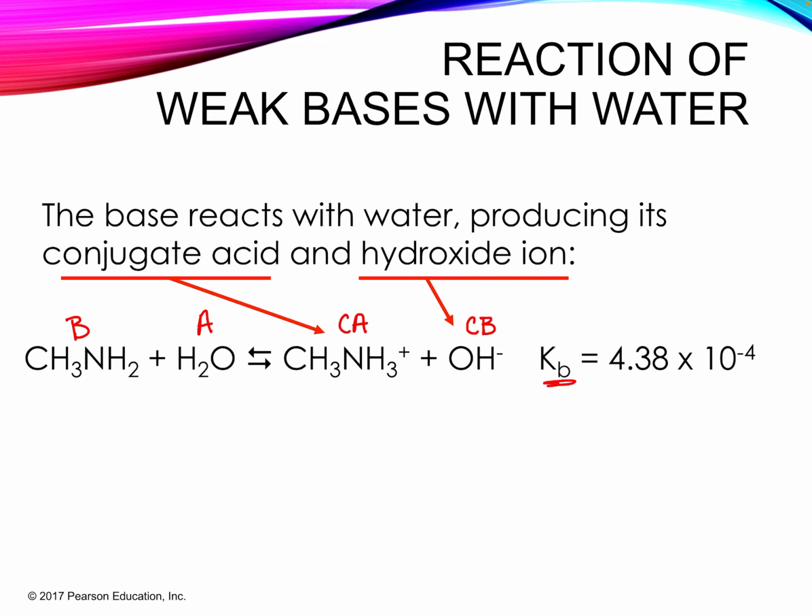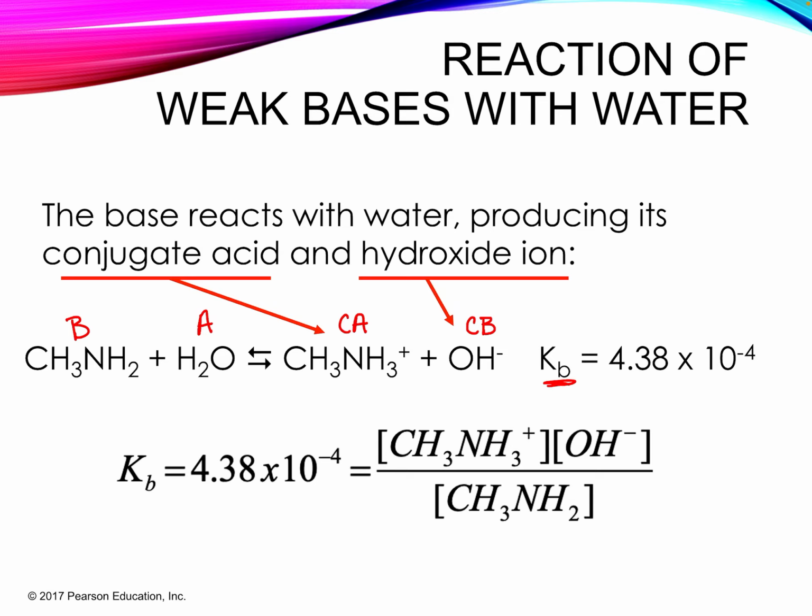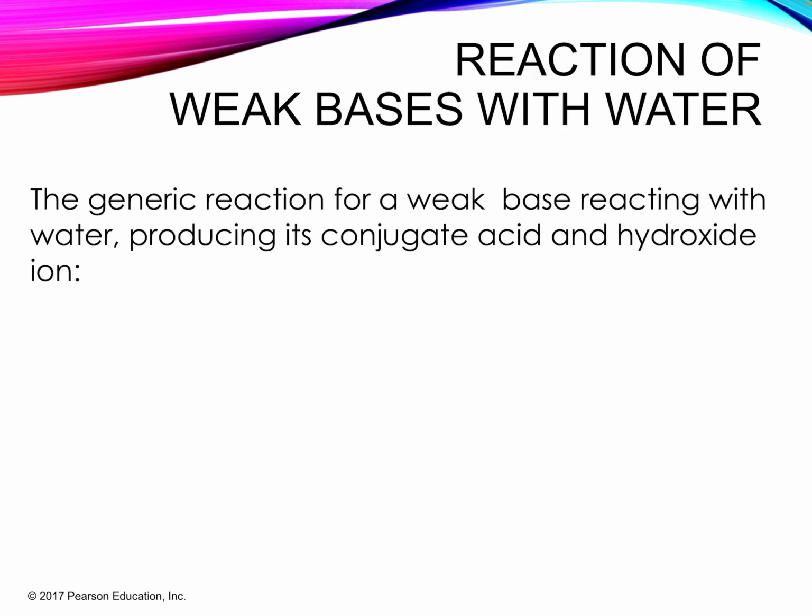And now we are going to have Kb values instead of Ka values because this is a base dissociation constant. So here we have our Kb value is going to equal, again, our products over our reactants. Same stuff, right? We're still not going to include water because it's a pure liquid. So this is very similar, like I said, to the weak acid. Just now we are producing hydroxide in solution instead of hydronium.